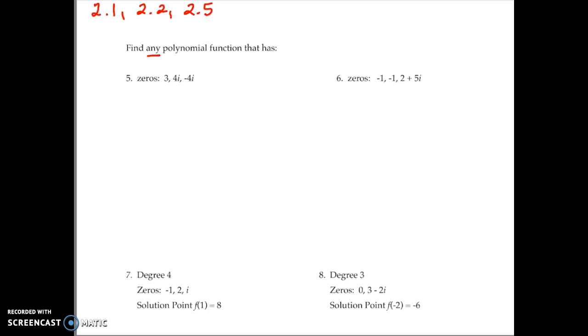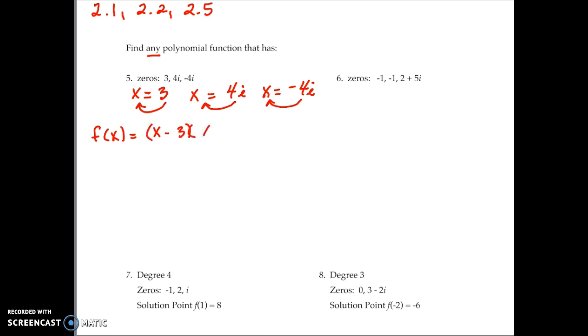So if I have zeros of 3, a zero of 4i, and a zero of negative 4i, then I can use each of these backwards to write my factored form of the polynomial. So the polynomial is equal to x minus 3 times x minus 4i times x plus 4i.